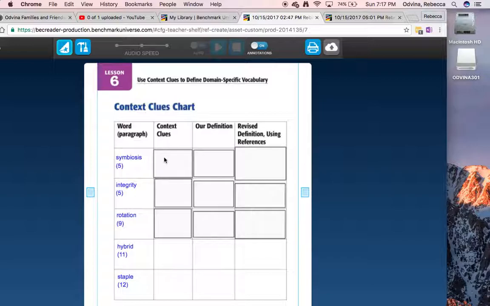The context clues that are helping me are mutually beneficial, mimics this type of symbiosis. Those were the context clues that I had drawn a square around and underlined and drawn a circle around our word. So my definition, based on this, is that it's a relationship between two things that is helpful to both.